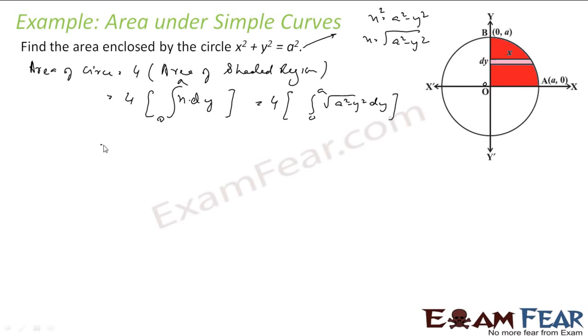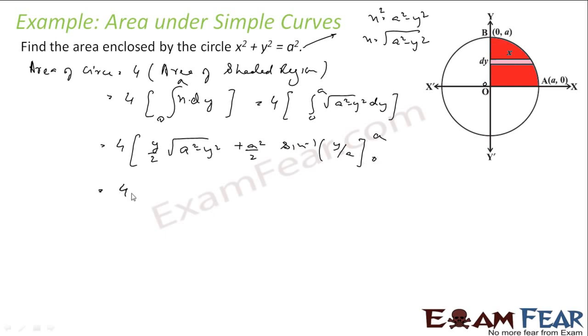Correct. So this, if you solve, this becomes y by 2 root a square minus y square plus a square by 2 sine inverse y by a, and this y varies from 0 to a.